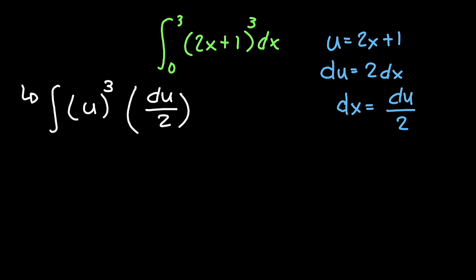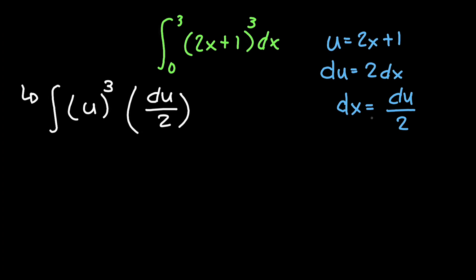And so for the upper and lower limit, we must remake this, because this upper limit of 3 and lower limit of 0 corresponds to the x value. But since we substituted it, we must also substitute this.